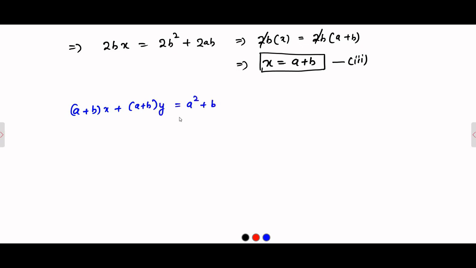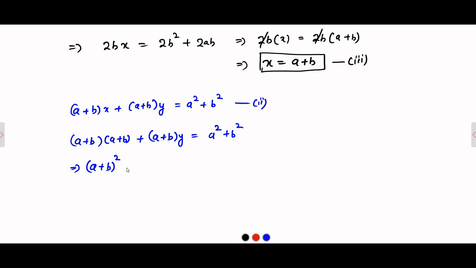So when we substitute this in equation 2 here, we get (a + b) into (a + b), which is for x, plus (a + b)y is equal to a² + b², that is (a + b)² plus (a + b)y is equal to a² + b².